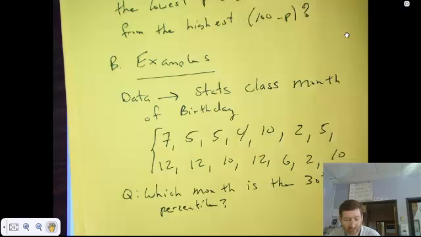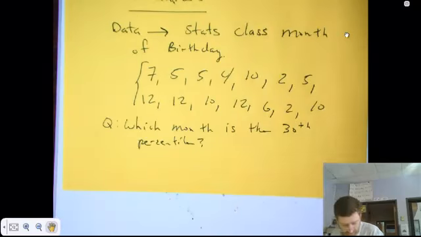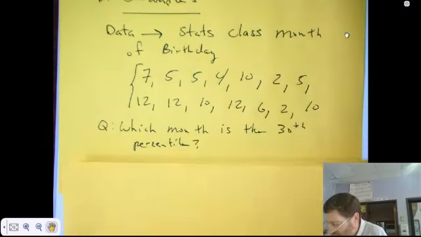One of the first things we have to do is remember that when we talk about percentiles, it's for this particular data set, the data we just collected. So the first thing you have to do to find this is order your data. So let's arrange the data in order.